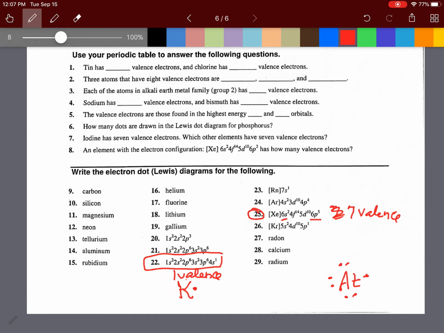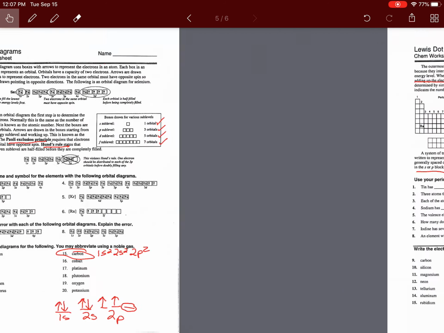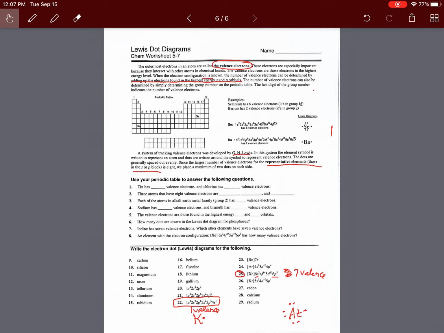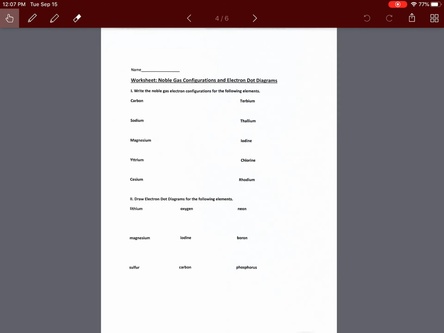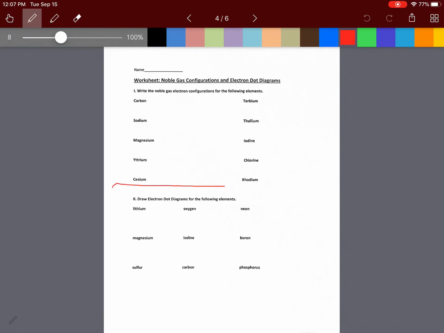Your homework then is to complete the orbital diagrams, the Lewis dot structures, the Lewis dot diagrams, and the bottom part of page 4. You may duplicate some information here.